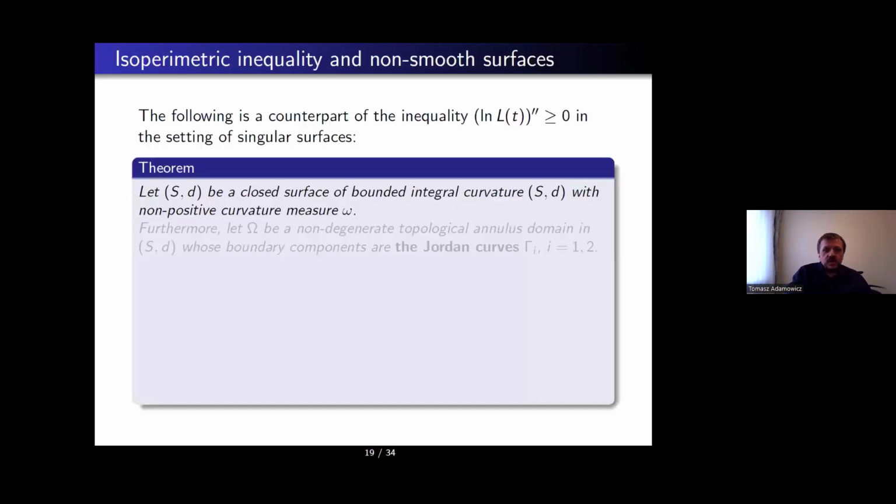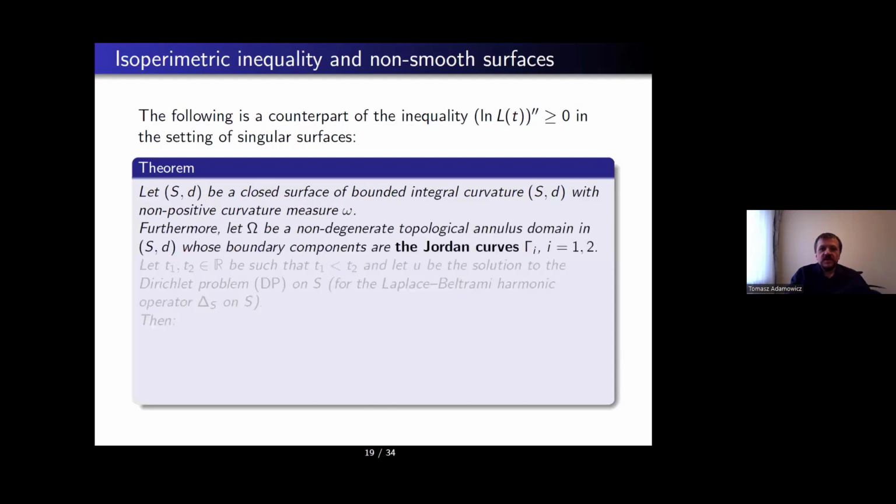All right. So, what is a counterpart of the isoperimetric inequality in that setting? Let (S, D) be a closed surface of bounded integral curvature with non-positive curvature measure d omega, and let Omega be a non-degenerate topological annulus with boundary components being Jordan curves.